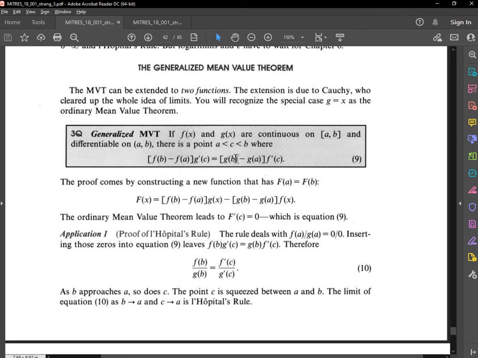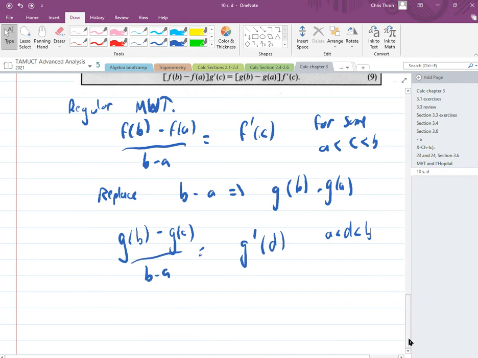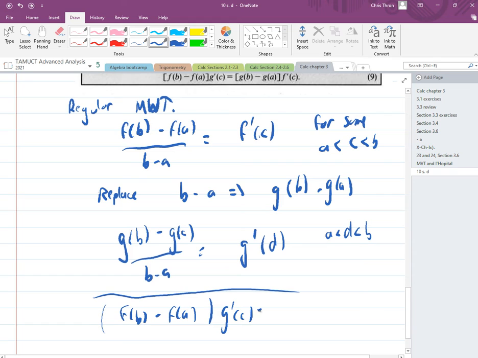Now once you have this, proof of L'Hopital's rule becomes easy. Let's write it out just to make it more clear. So your generalized mean value theorem is f of b minus f of a times g prime of c is equal to g of b minus g of a times f prime of c.